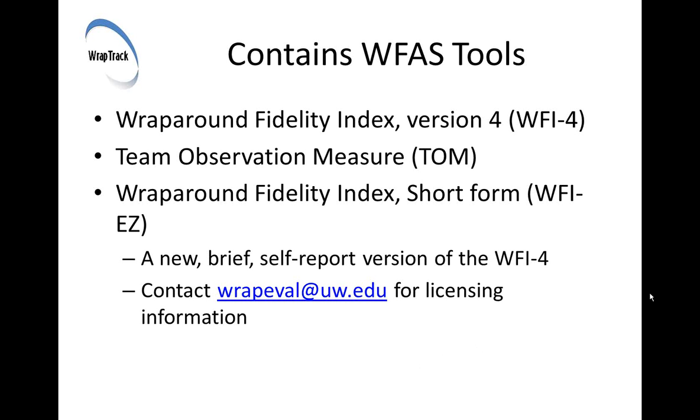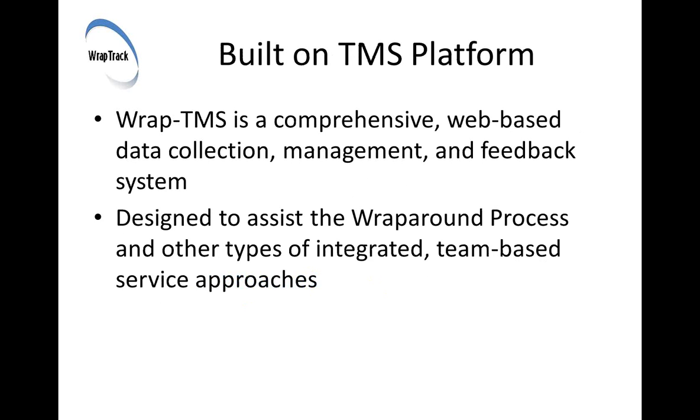The process is very similar in terms of the licensing, and you would just go onto the website and complete a license agreement. The payment amount is the same, so that does not change from the Wi-Fi-4 to Wi-Fi-EZ. And as you can see, it's just a brief self-report version of the Wi-Fi-4. So we can talk in more detail about that later.